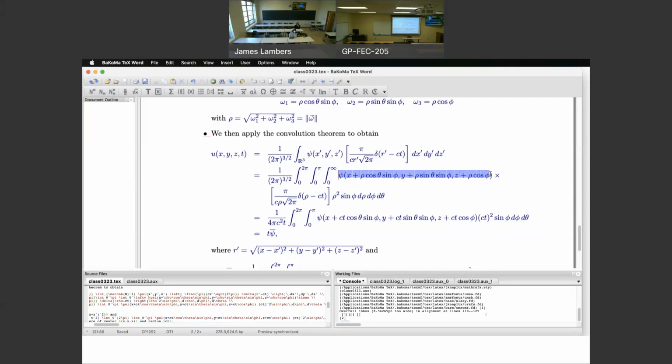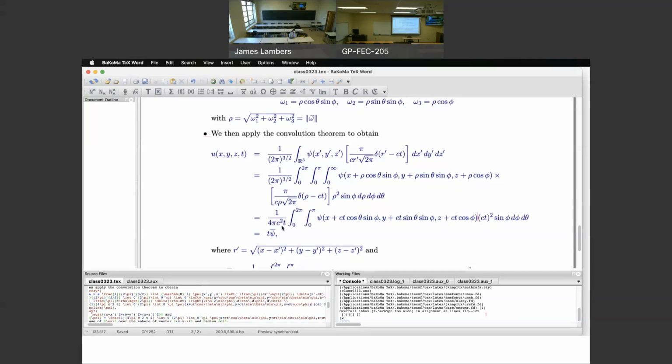All right. This part is still here. And what ends up happening is, okay, the c squareds will cancel. I have t squared here, t down here, so that leaves me with t. And then, aside from that factor of t, what's left? It's the integral of psi over the sphere. So not the interior, just the boundary of the sphere of radius c times t.